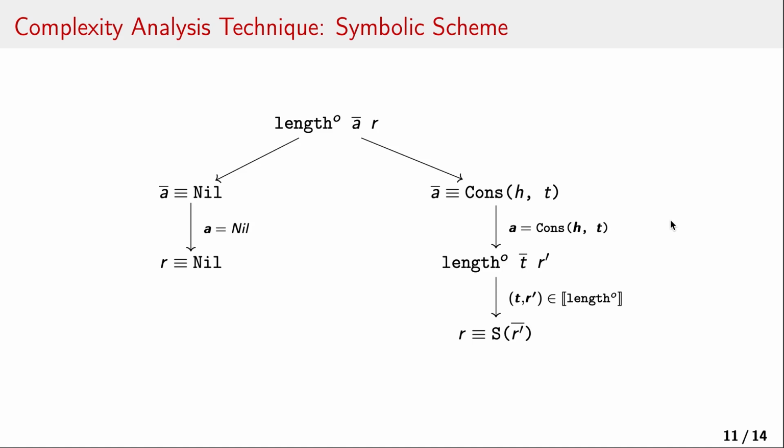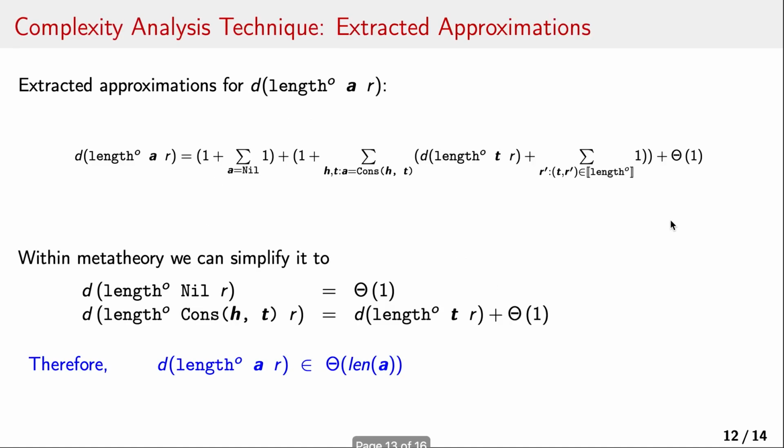The symbolic scheme has enough information to apply our compositional formulae and extract these recursive approximations for both our measures. Extracted, they have the form like this. Usually extracted recursive approximations are rather complicated, especially for the scheduling factor, but it's important that they contain all the information about the search, and to solve them you need only to understand the logical meaning of the relation.